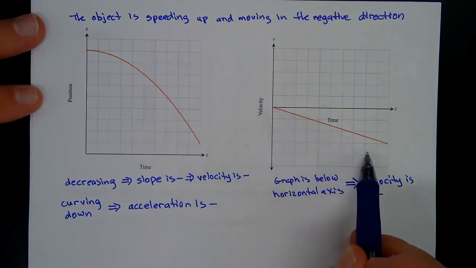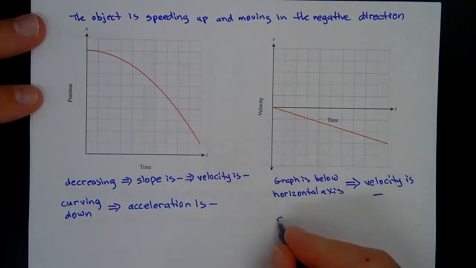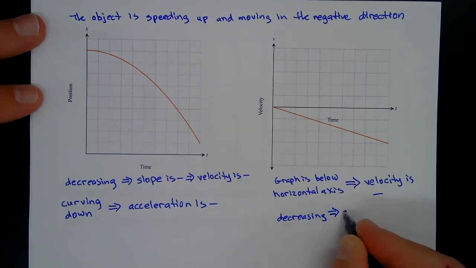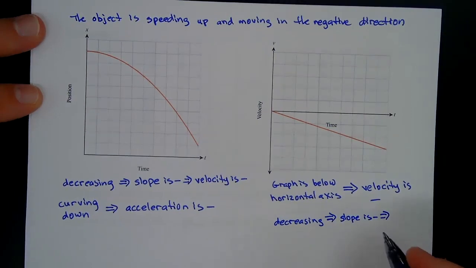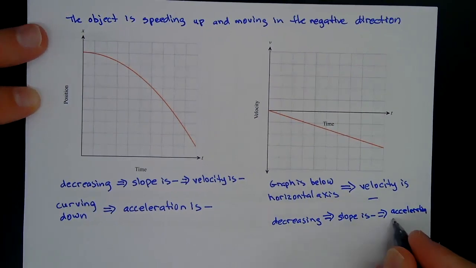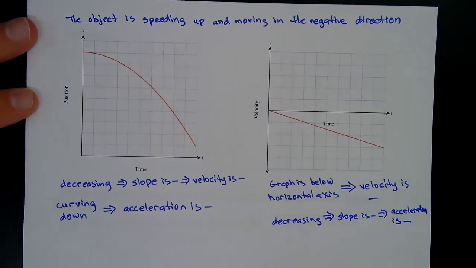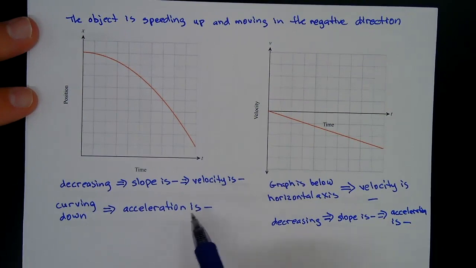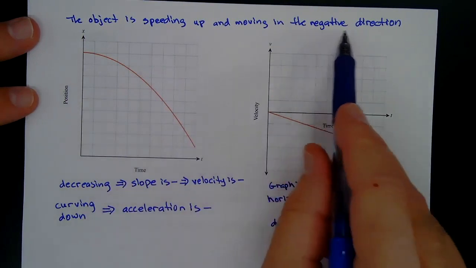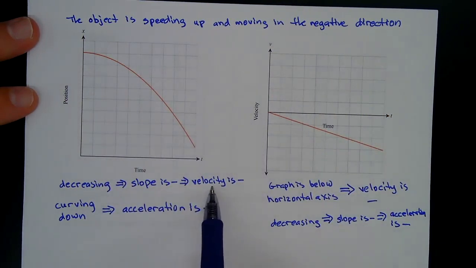I'm looking at this graph and I notice that it's decreasing, which tells me the slope is negative, which in turn tells me that the acceleration is negative. So because the velocity and the acceleration are both negative, they're both the same sign, that's how I know it's speeding up. And how do I know it's moving in the negative direction? I know it because the velocity is negative.